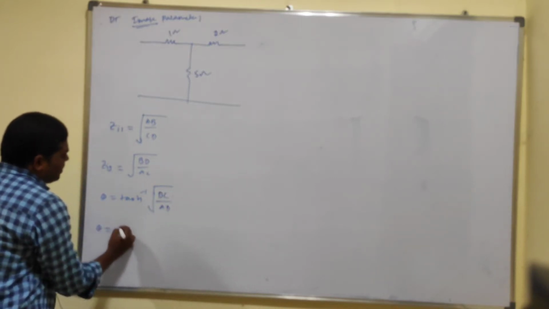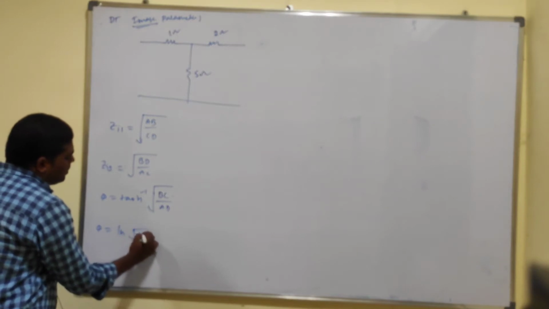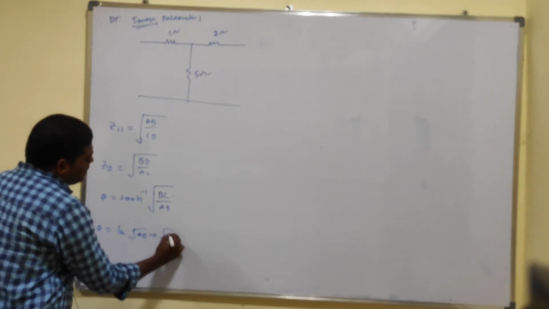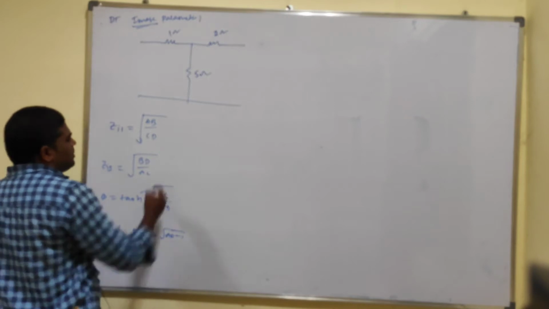Otherwise, you can use this also: ln equals under root AD plus AD minus 1. You can use this one also.